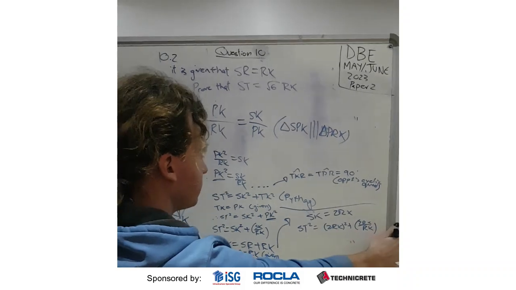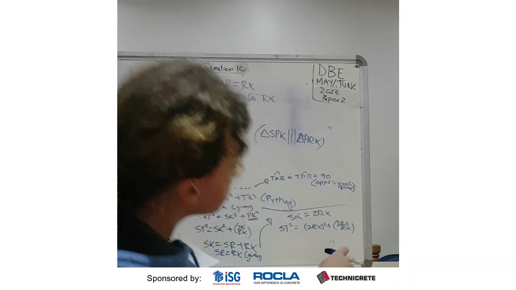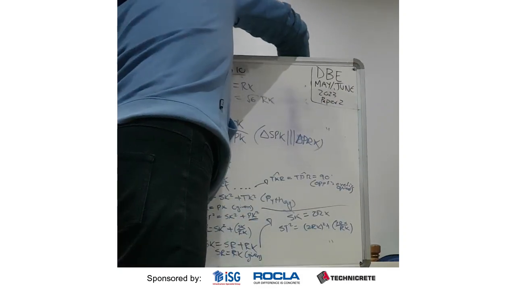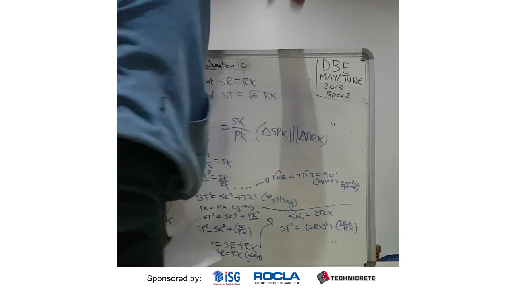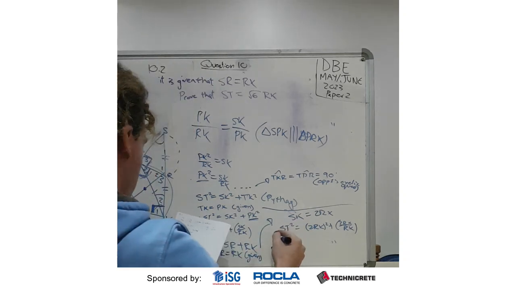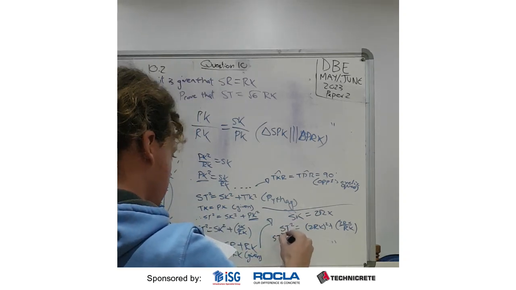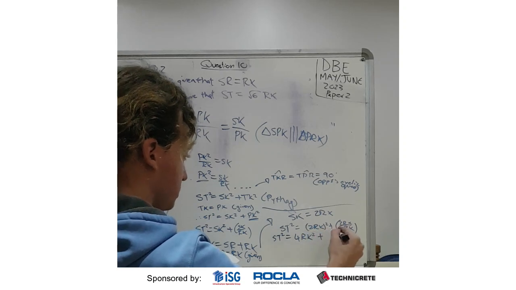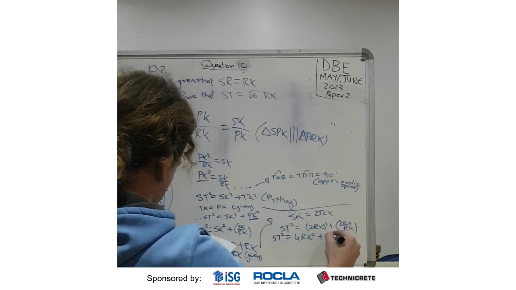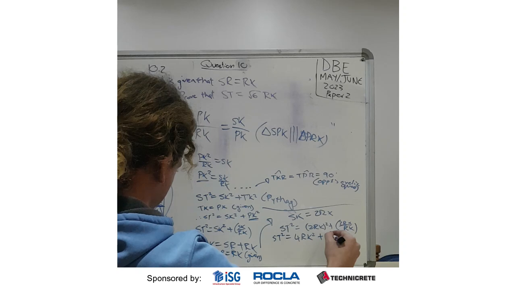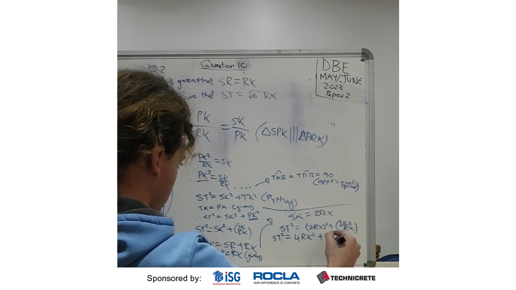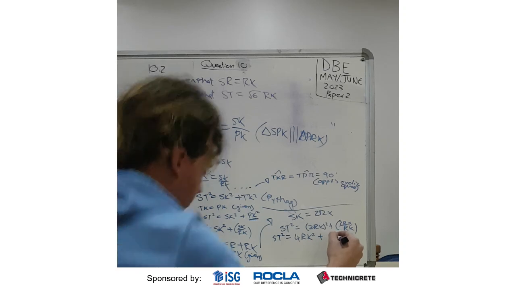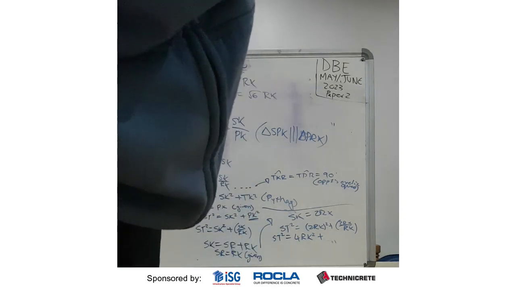Therefore, ST squared equals 4RK squared plus, where have I misled? Give me one second to make sure.